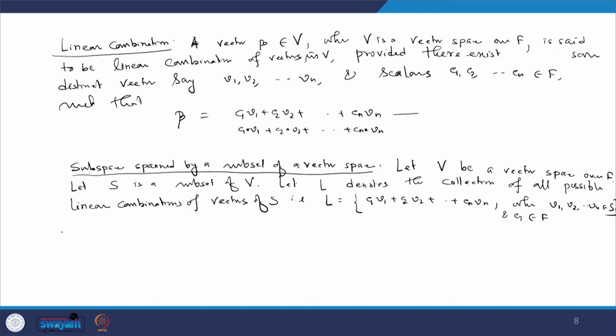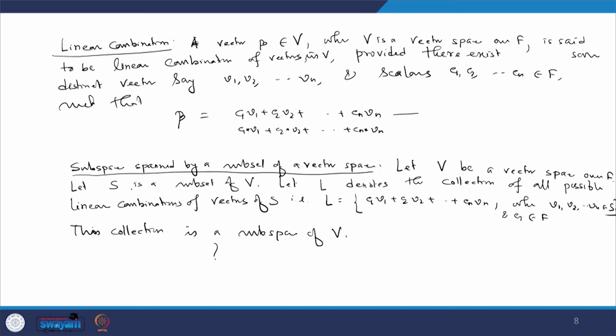This collection is a subspace of vector space V. How?